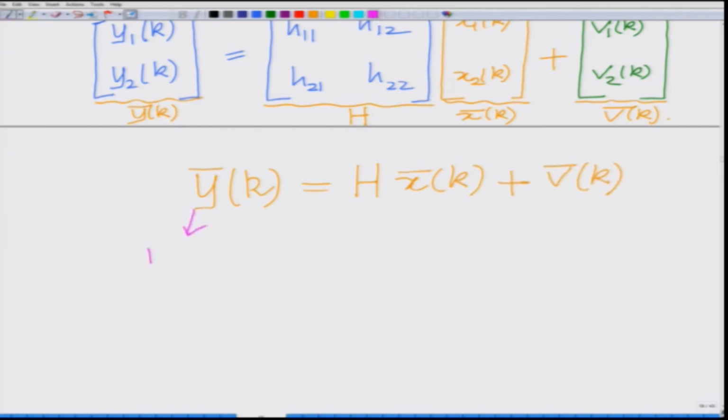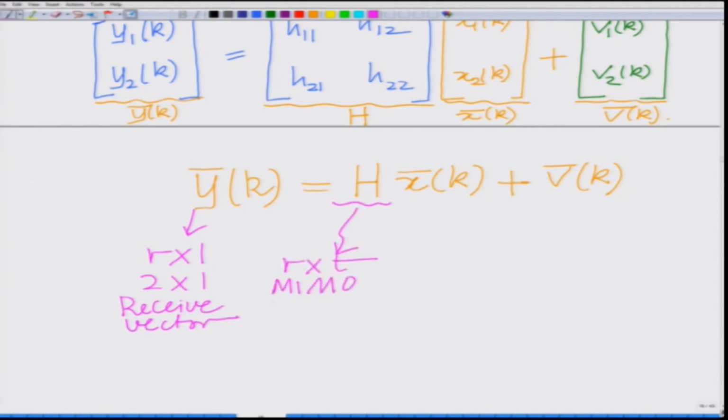This is your r cross 1, and in this case 2 cross 1, receive vector. This is your r cross t MIMO channel matrix.